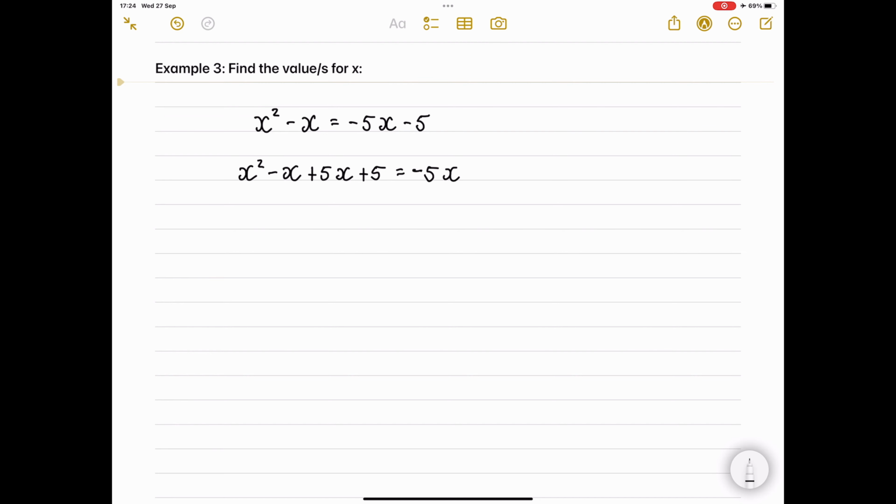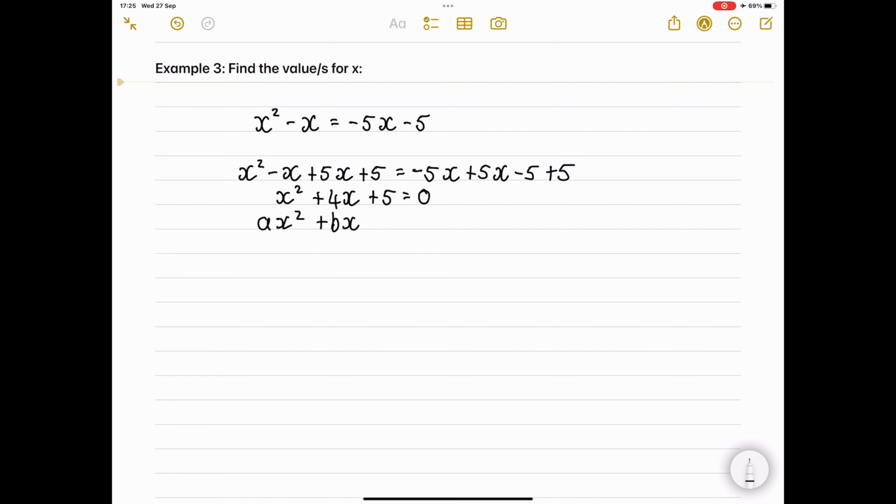And what you do on the one side, you do on the other side. So these will cancel out on the right-hand side, and then you will be left with x squared plus 4x plus 5 equals 0.